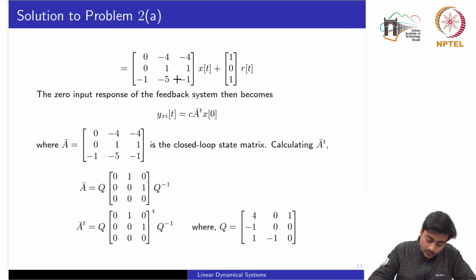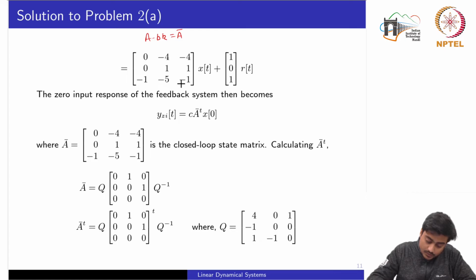And finally, the closed loop matrix, or the state matrix, is given by this one, which we are assigning as A bar. Okay, so this would be the closed loop state matrix, and this is the distribution matrix with respect to the reference signal.